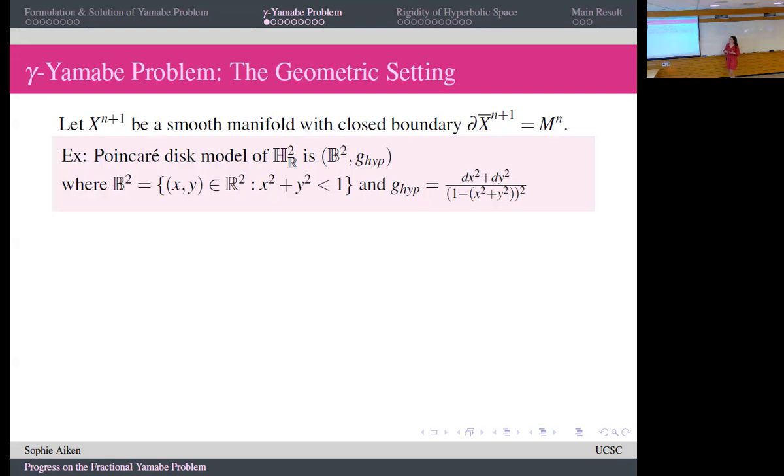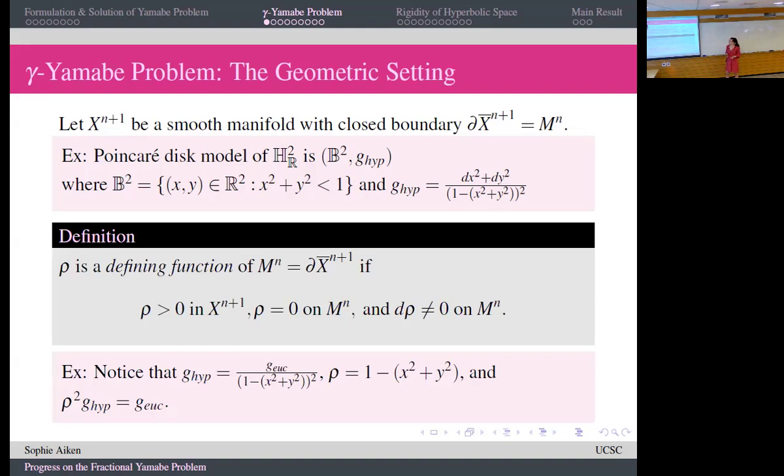So X is going to be the interior, or the filling in, of this boundary M. And we'll walk through these definitions with an example case as well. So we're given as our X^{n+1} the Poincare disk model of hyperbolic space, just our two-dimensional disk with the hyperbolic metric.